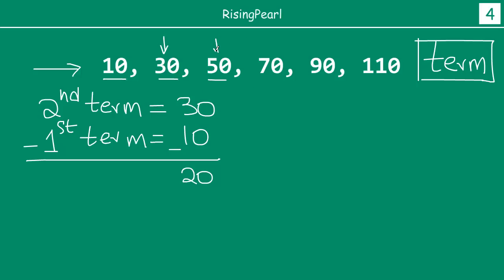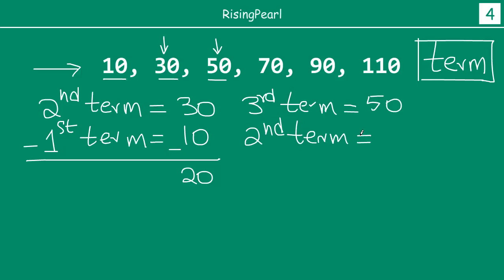Let's take a look at the third term. The third term is 50. Let's subtract the second term, which is 30, from the third term.